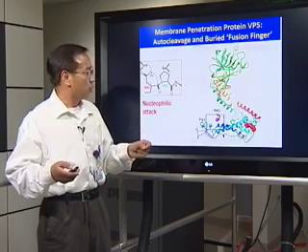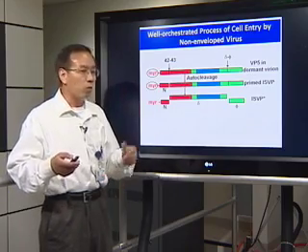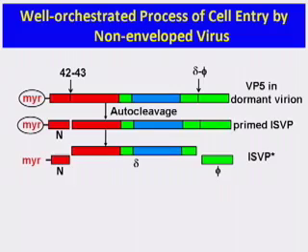So this study demonstrates that non-enveloped virus entry involves multiple processes, involving a primed step, the SVP, where the protection protein VP5 is cleaved, but the fusion finger remains buried within a hydrophobic pocket.